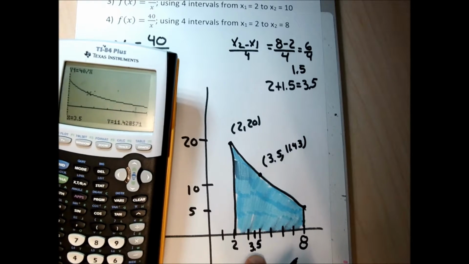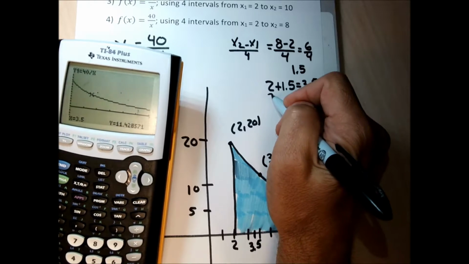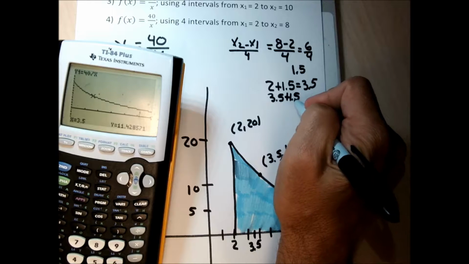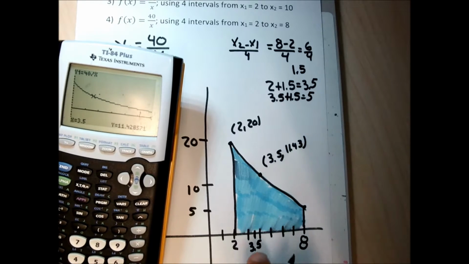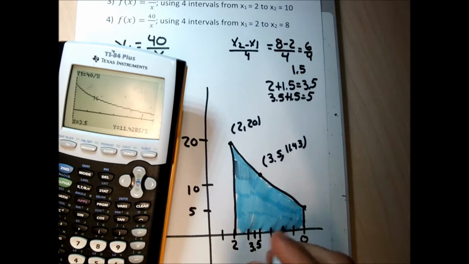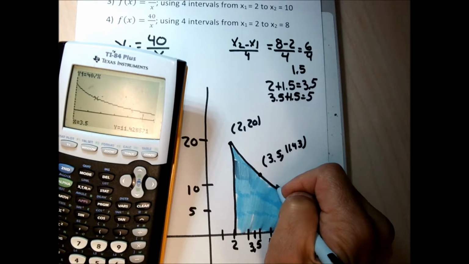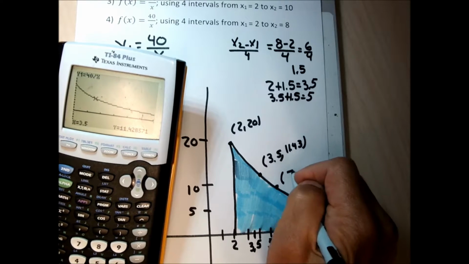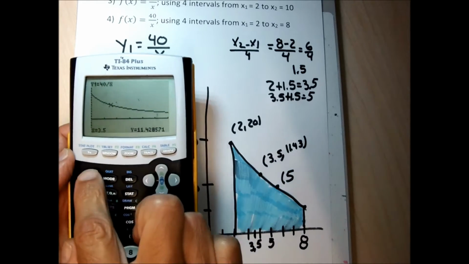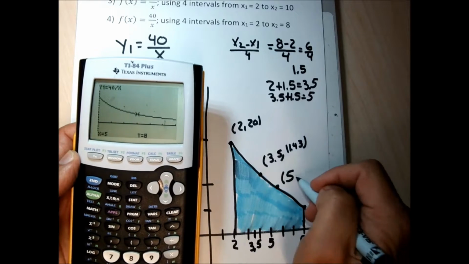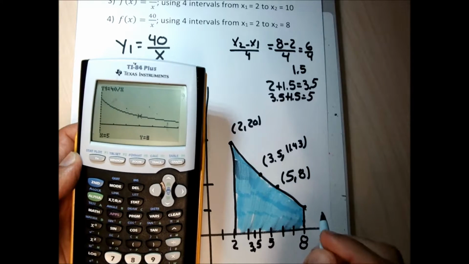The next number on my x-axis, I'm going to go 3.5 plus 1.5. And that's going to give me 5. So 2, that's 3.5, 4, this is 5. I need to get the y value that corresponds to 5 by going second calc value 5. And the y value that corresponds to that is 8.